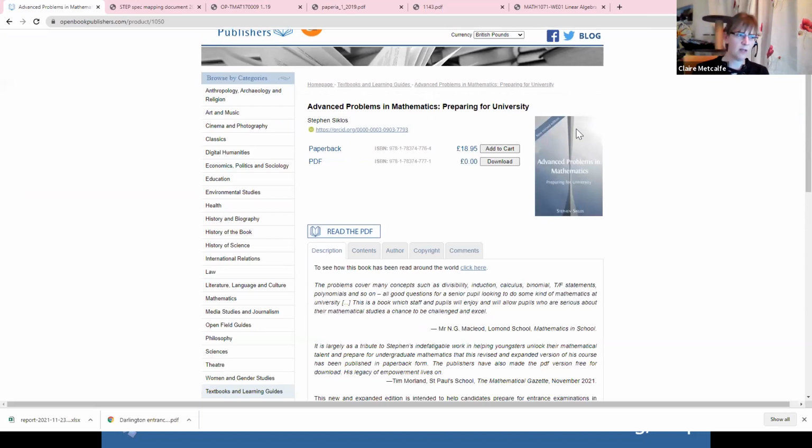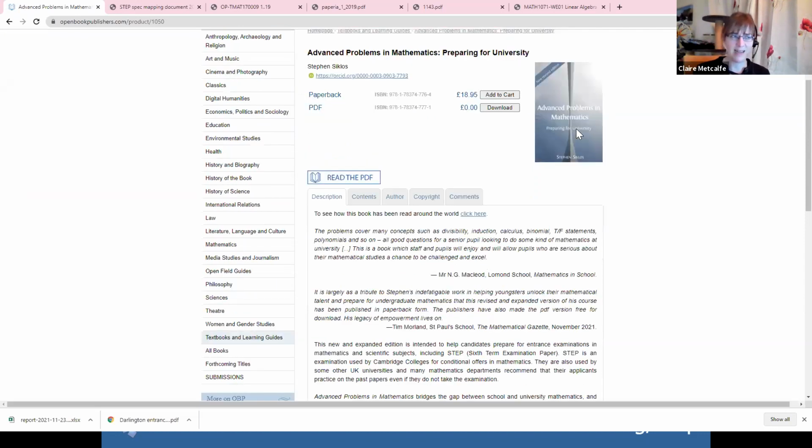It's got lots of the older STEP questions in it, but it's also got discussions, and sometimes there's little stories about them. So there's a STEP question about a chocolate orange, and Stephen wrote to the makers of chocolate oranges and was hoping he was going to get some, but he never did. So a bit of a background to some of the questions as well.